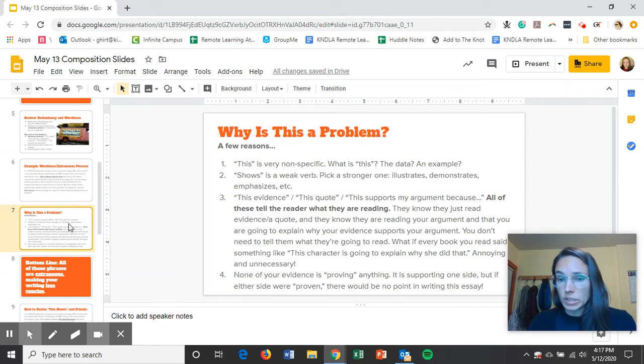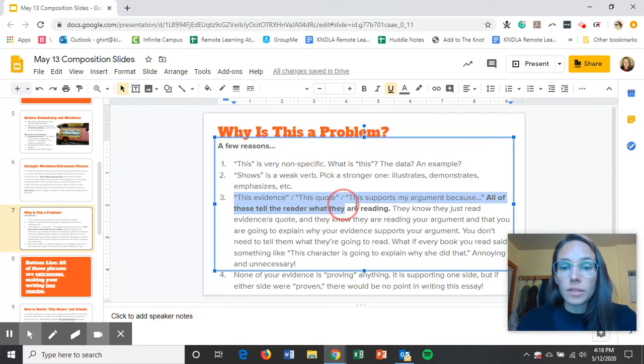There's a few reasons. So the word "this," like saying "this shows," well, what is this? You're not being specific about what you're talking about, right? Is it the data? Is it this example that you're giving, right? You need to be specific about what you're talking about. "This" doesn't tell me what you're talking about. "Shows" is a weak verb. Illustrates, demonstrates, emphasizes. Those are all better verbs than "shows."